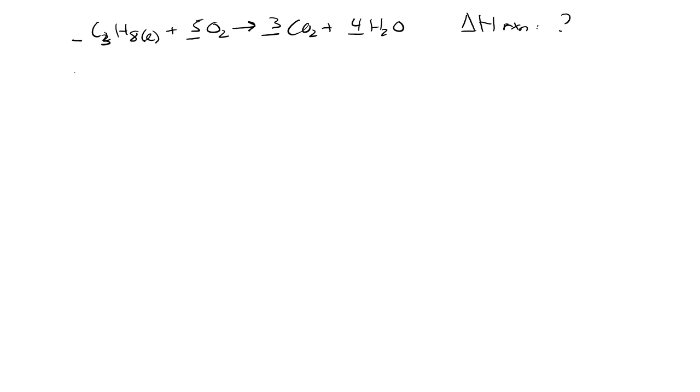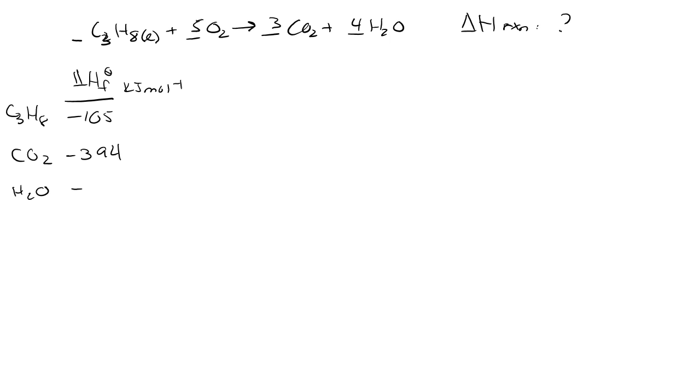So, the delta H of formation for C3H8 is negative 105 kilojoules per mole. CO2 is negative 394 kilojoules per mole.